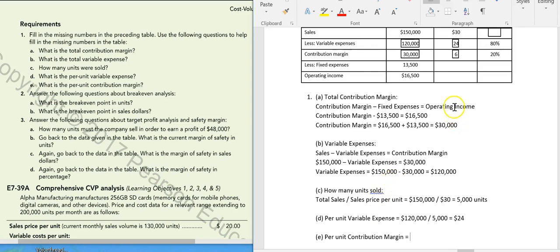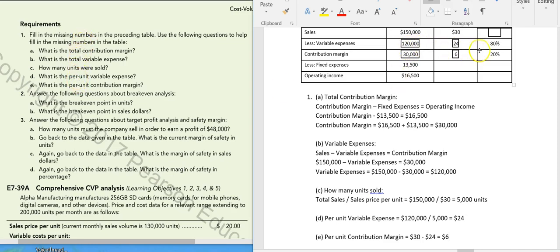It is already here, but if you would like to show it, you could do $30, which is our sales price, minus $24, which is our variable expenses, and your per unit contribution margin is $6. So we just did number one requirement.